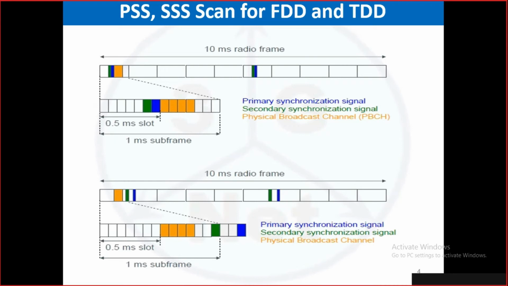In no other wireless technology do these PSS, SSS signals exist. So this is a unique signal designed by 3GPP. The mobile knows about it from the book. It is fixed, and the mobile is trying to look for that signal. Where is it?